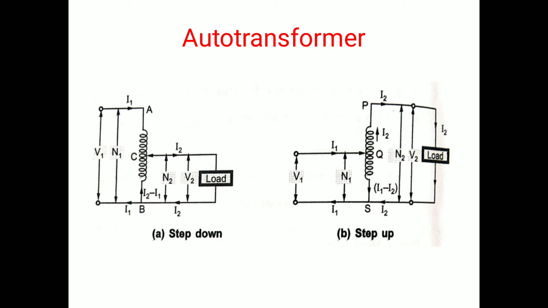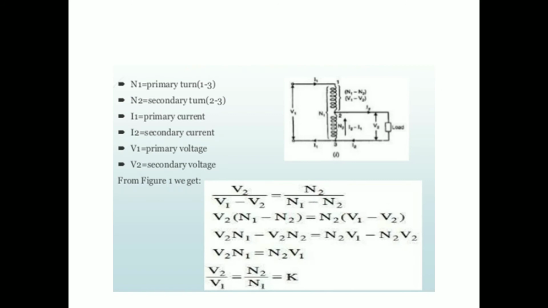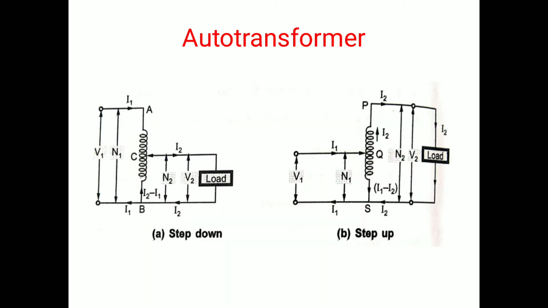Now the voltage across primary in figure A is V1. Voltage across secondary, that is across BC, is V2. So voltage across AC is V1 minus V2. And now we will see the relation between voltage across primary, secondary, and number of turns of primary, secondary.